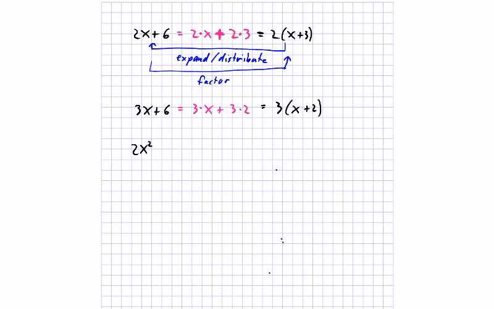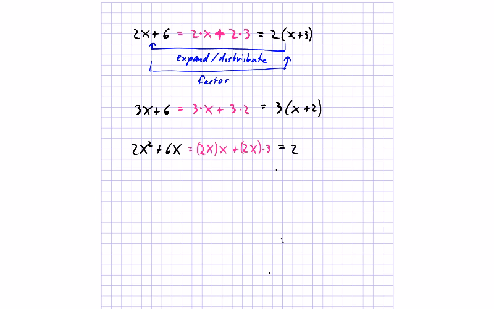2x squared plus 6x. And when you look at that, we have several things in common. If you look at the first term, it has a 2 and an x times another x. And the second term has a 2 times an x times an additional 3. So if we wanted to factor it, we could note that 2 times x is inside of both terms.